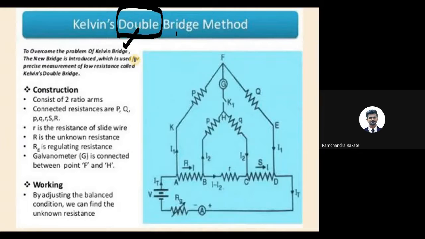As we know, this is a modification of the Wheatstone bridge. The Wheatstone bridge is just to measure values of more than 1 ohm, but if we want to measure resistance below 1 ohm, the Wheatstone bridge has a limitation. What if the value is much less than 1 ohm? In that case, you need another device, which is nothing but your Kelvin bridge. Here we are using certain leads for the galvanometer, and because of this, they have added certain resistors.